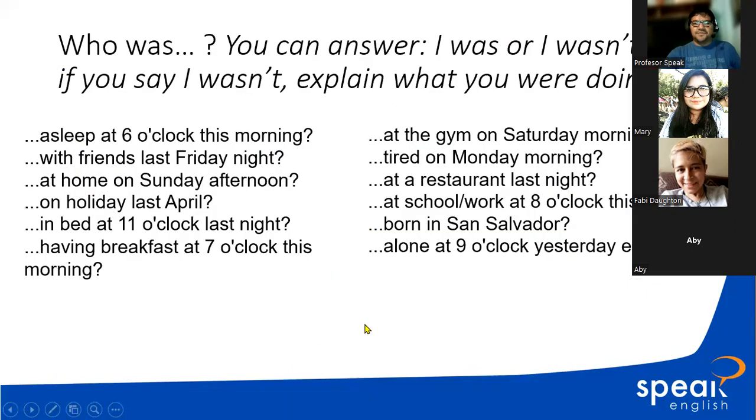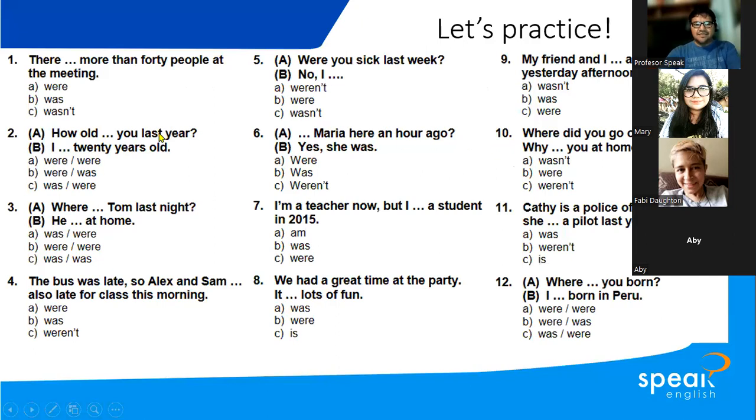Okay. So we're going to move on to our next exercise, which will be a practice using either was, were, wasn't, or weren't. Look at the first exercise here. It says there blank more than 40 people at the meeting.